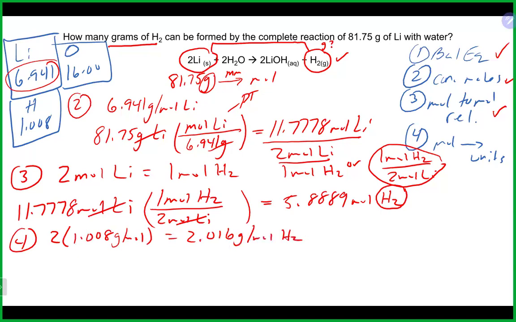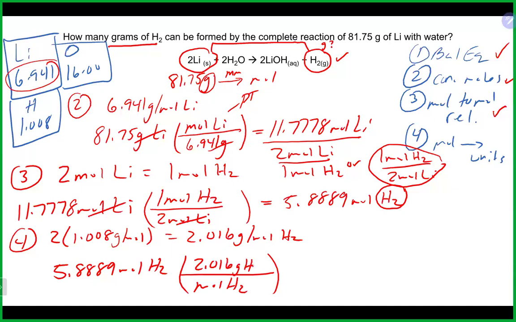We are again going to use that as a conversion factor. 5.889 moles of H2. We want the moles to cancel, so it's going to go on the bottom. We want the grams up on top so that we do end up with grams. They will cancel. We're basically going to multiply. We're going to times this by 2.016.